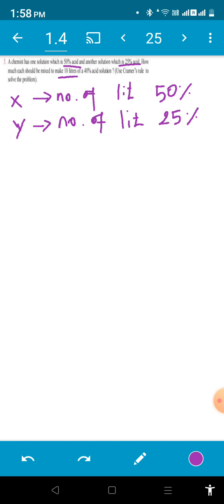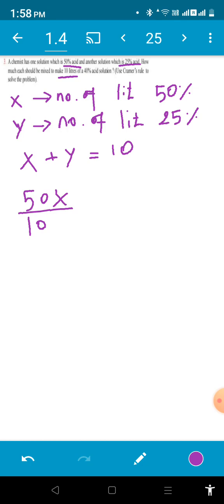First, 10 liters is the total amount, so x plus y equals 10 liters. Then for 50% acid, I take 50x divided by 100, because the percentage is converted into a value.